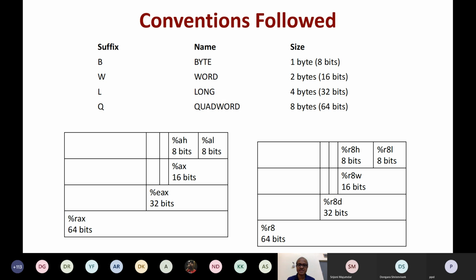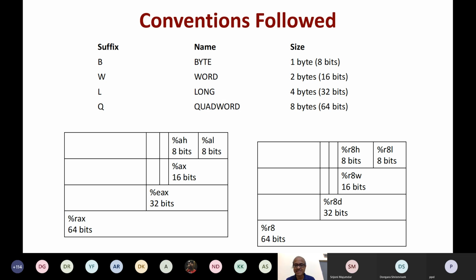That is a 64-bit register. But if you write EAX, it means the lower 32 bits of this register. That means you are in 32-bit mode, you are possibly doing arithmetic only on 32 bits. Then you will be writing EAX, that means lower 32 bits. Similarly, if you are writing %ax, which means lowest order 16 bits.